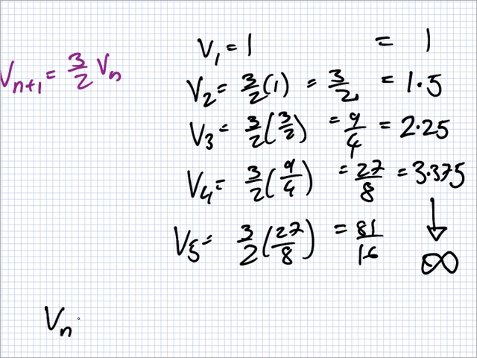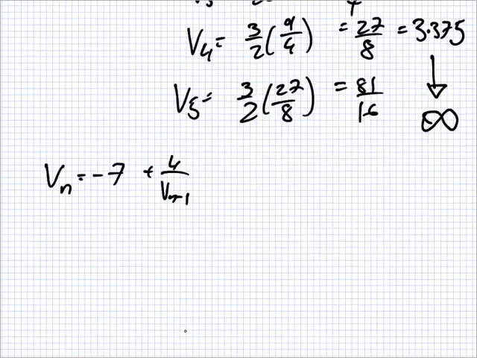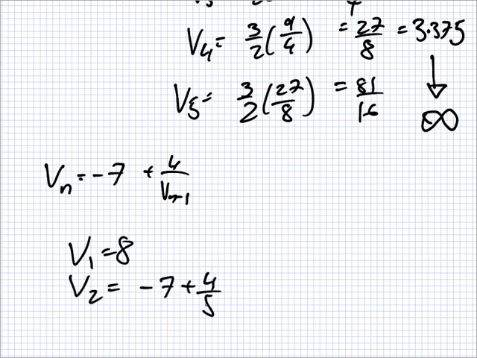So Vn equals minus 7 plus 4 over Vn minus 1. And I start at 8. So first I have 8. Then I'll have minus 7 plus 4 over 8, which is minus 7 plus a half, which is minus 13 over 2.